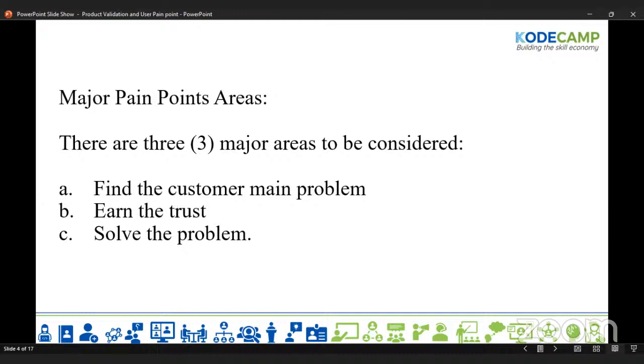So there are major areas for finding the pain point. Number one is to find the customer's main problem. Like I said, it might be specific, something glaring to the eye, something everybody is seeing and the company cannot find a solution, or they are turning a deaf ear to it. And that's why listening to your customer is important.